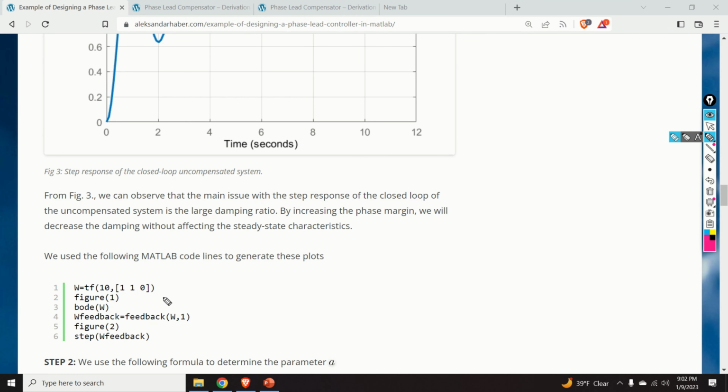Here we will stop for a second and explain the Matlab code that's being used to plot these graphs. Over here, we define the transfer function. So the open loop transfer function looks like this: 10 over s plus 1. Then over here, we plot the Bode plot.